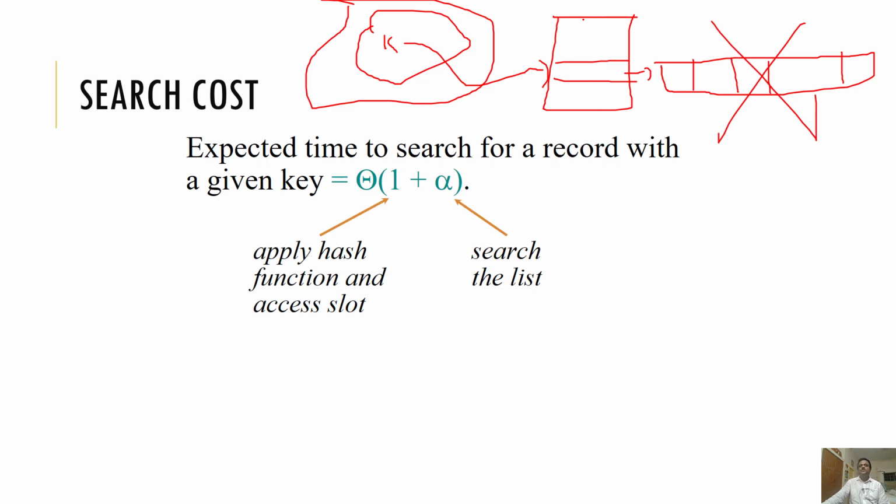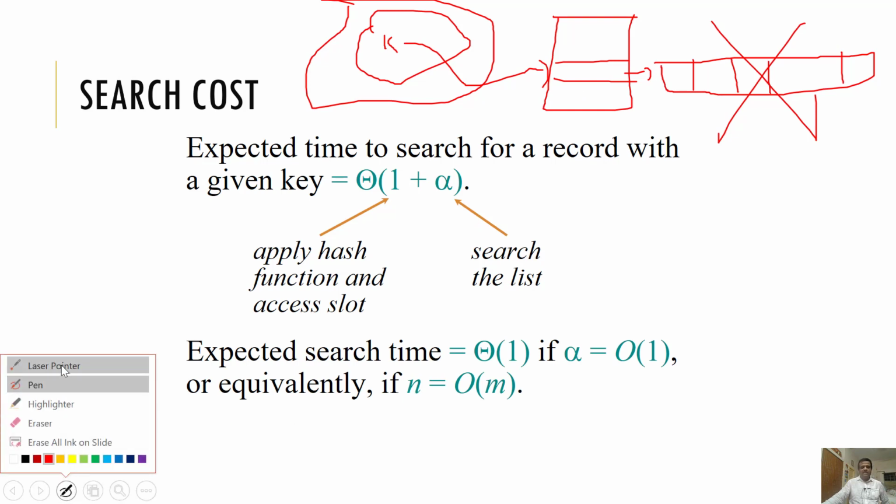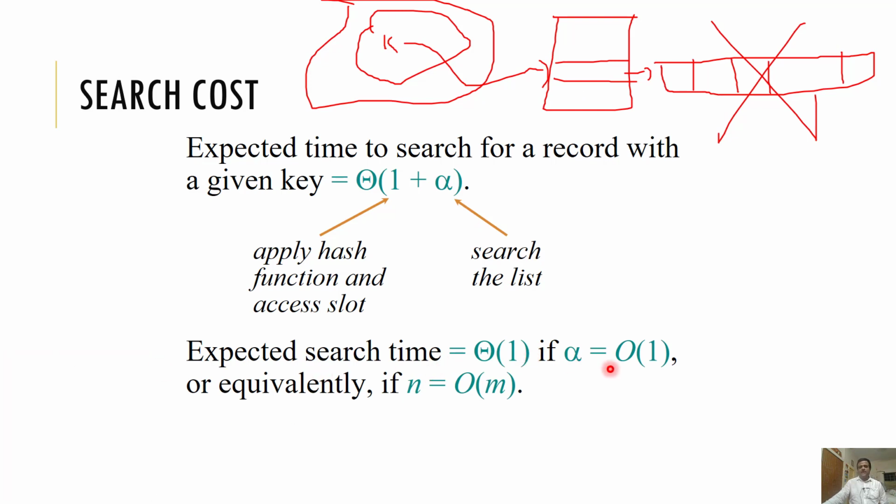Keys will be distributed uniformly over the slots. If the load factor alpha is order of 1, a constant, that is possible if n is order of m. For example, with n keys and m slots, 100 keys and 50 slots, or 10 keys per slot, the load factor is a constant.